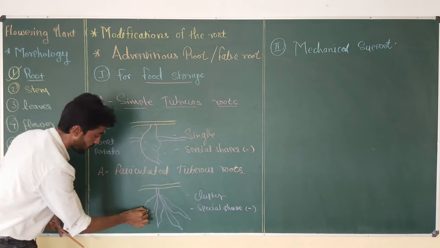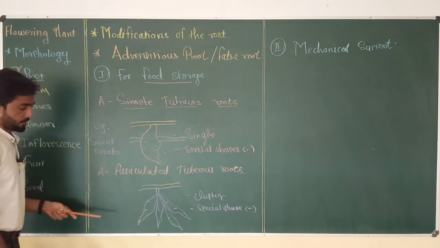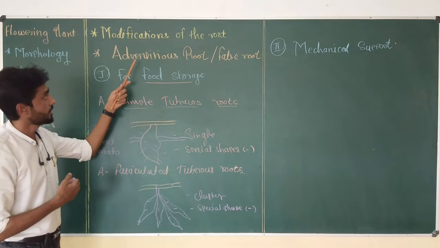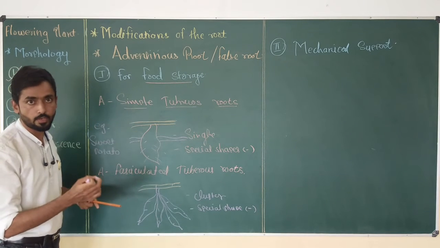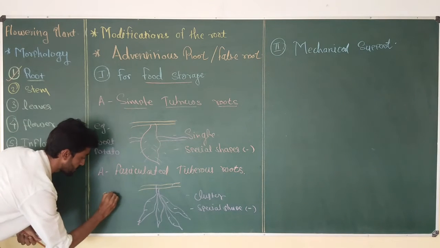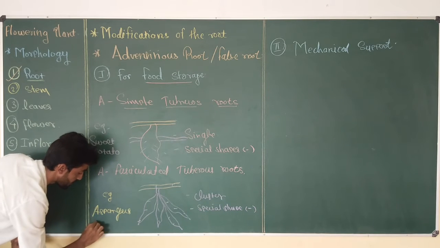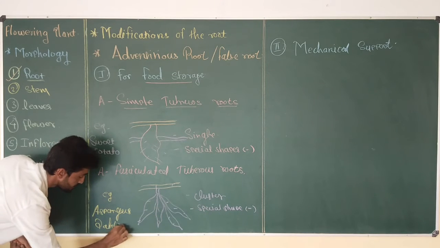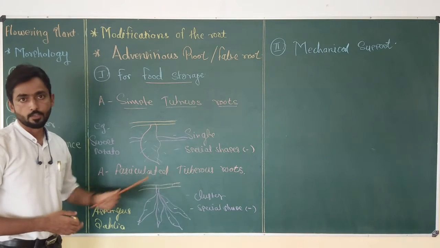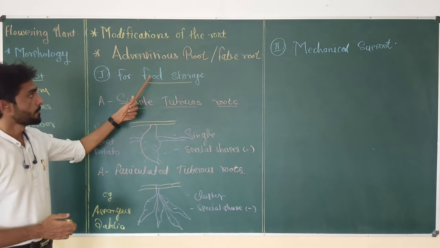So you can draw fasciculated tuberous root in this fashion. And they also develop from the stem, so we call them adventitious roots, because they do not develop from the radicle. Examples of fasciculated tuberous root are asparagus or dahlia. So these two are the types of modification of adventitious root for food storage.